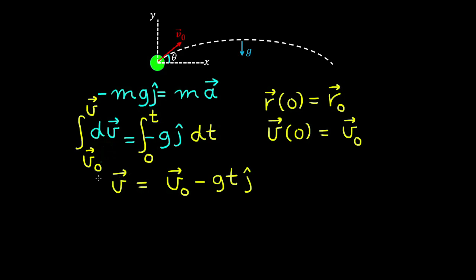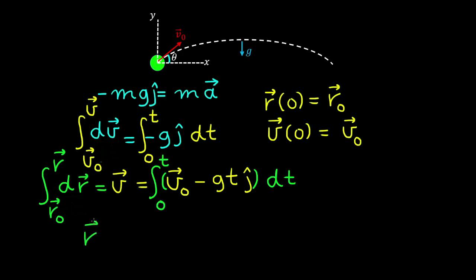And similarly, the velocity is the rate of change of position with respect to time. So if we separate the variables and integrate both sides of this equation, from the initial position to the current position at time 0 to time t.